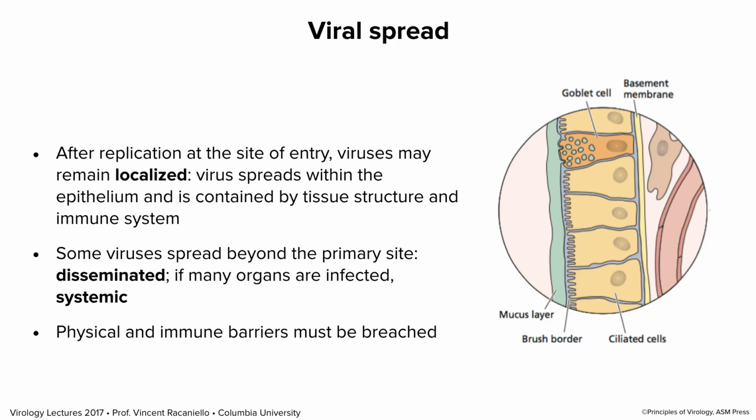So let's take the respiratory tract here on the right. Nice layer of ciliated epithelial cells, a mucus layer, and most importantly, a basement membrane, a membrane underneath, which is relatively impermeable to virus particles. So how do we get beyond that? If viruses are replicating in these cells, how do we get beyond it? The same issue occurs with intestinal cells.